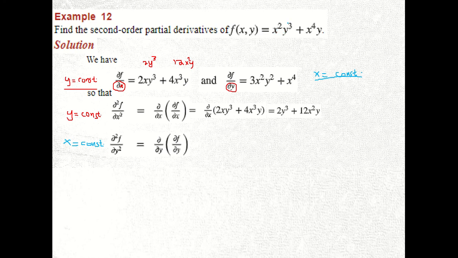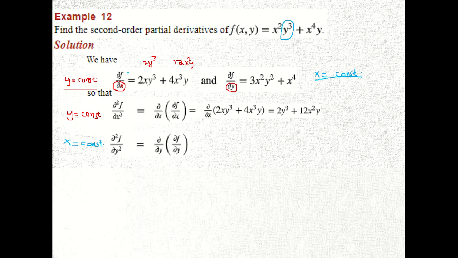Since x is constant, we take the derivative only for this part. x squared is also constant. Differentiating y cubed using the power rule gives 3y squared, times x squared, so that is 3x squared y squared. Then again, x is constant, so the derivative of y with respect to y is 1, and 1 times x to the fourth. So that's why we have x to the fourth here.